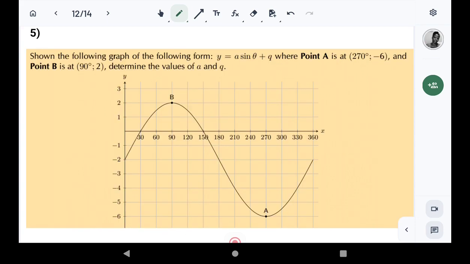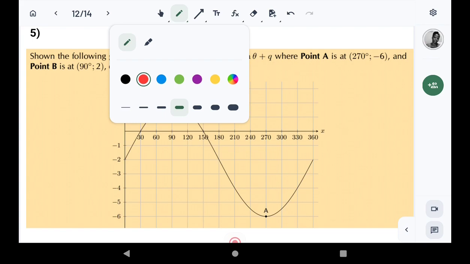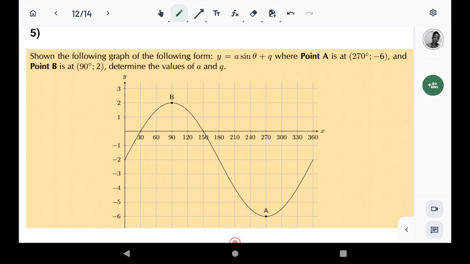Next. Shown is the following graph of the form y equals A sine theta plus Q, where point A, this point, is at 270 degrees and -6. Let's label that: 270 degrees and -6.